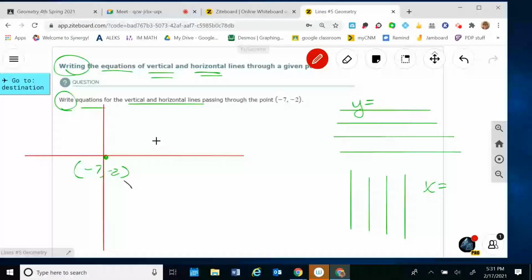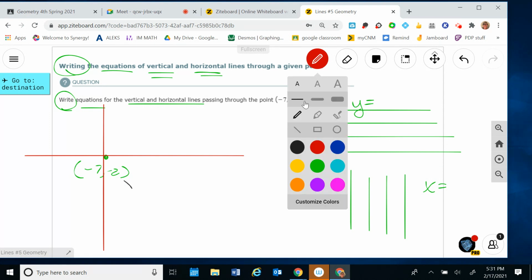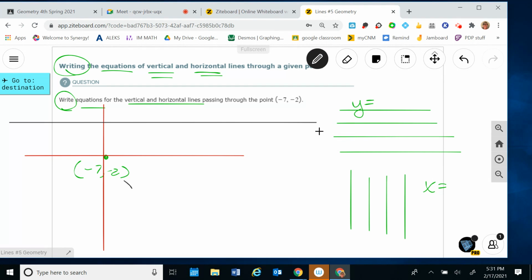Not the x and y. The x and y would be up here somewhere, okay? This is -2, so the x and y coordinates would be like this would be the x, and this might be the y. And this would be like -1, 2, 3, 4, 5, 6.